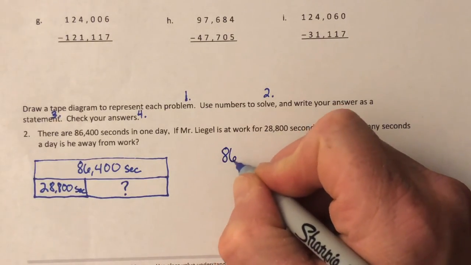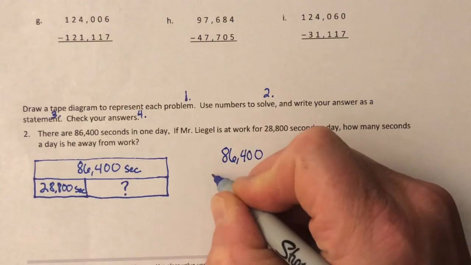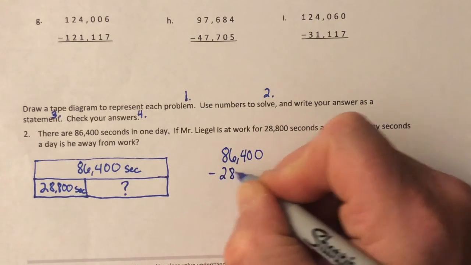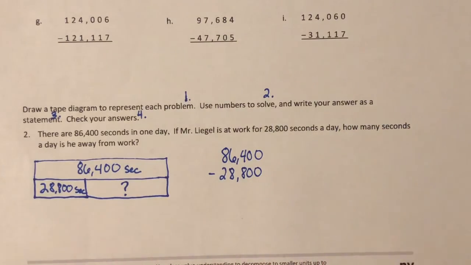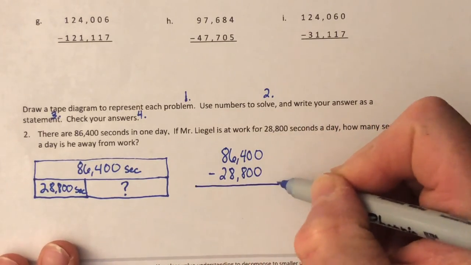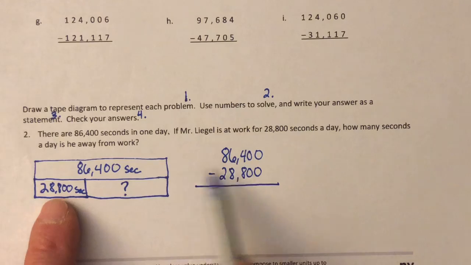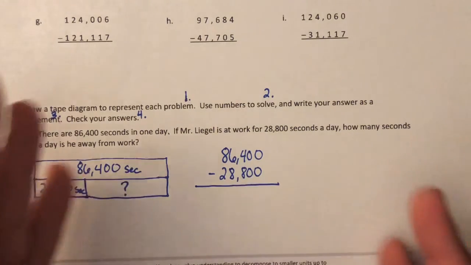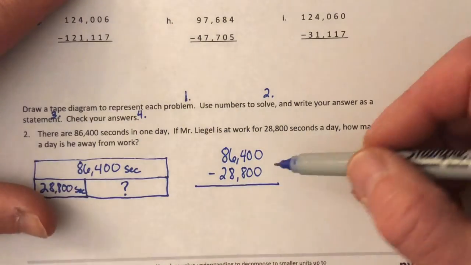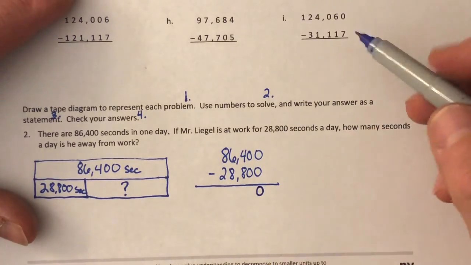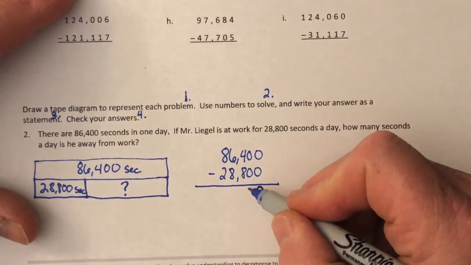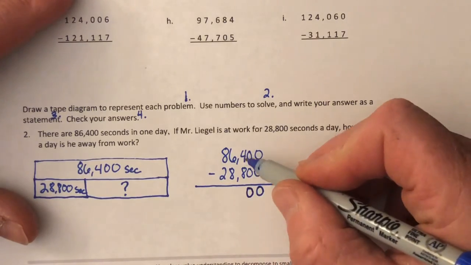So 86,400 minus 28,800. Now it's super important, again, you line up the place values. If you're having trouble, just put the commas over each other and everything else kind of takes its place. So here we go. 0 minus 0, 0. It's my favorite kind of subtraction. 0 minus 0, 0. 4 minus 8.